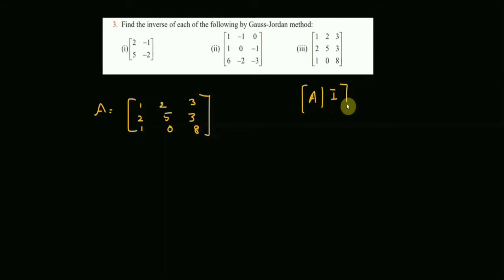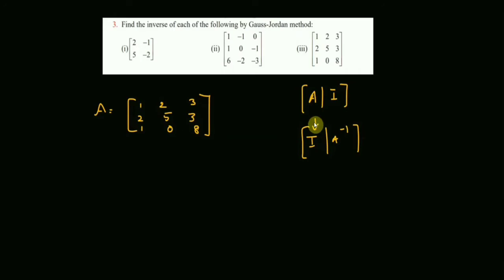This matrix is called the augmented matrix. In the Gauss-Jordan method, we are going to convert matrix A into the identity matrix. So automatically this I matrix will be converted to A inverse.